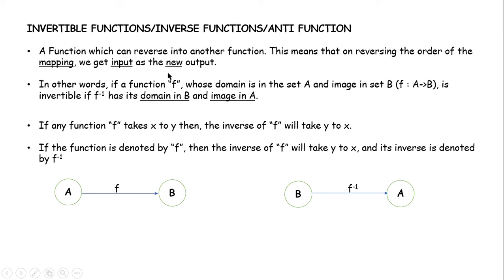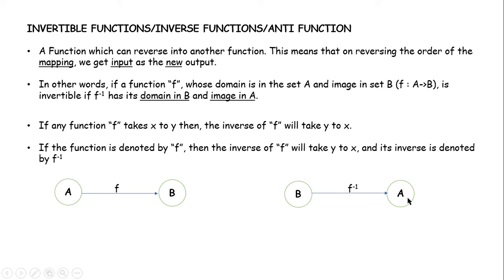So if there is a function f where the domain is set A and the codomain is set B, that means the elements of set A have been assigned values from the elements of set B. Then the inverse of this function f, denoted by f inverse, will be what? The codomain of f will become the domain of f inverse, and the domain of f, that is set A, will become the codomain of f inverse.